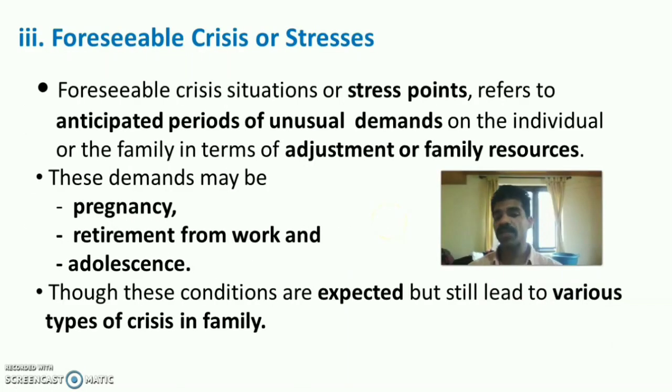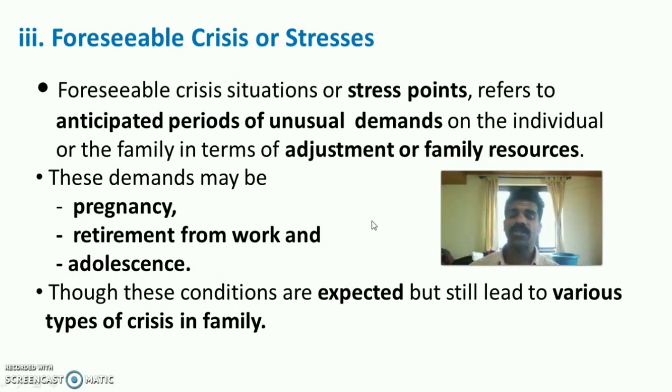The third type of health problems according to Ruth Freeman is foreseeable crisis points or stresses which occur in the family. Foreseeable crisis situations or stress points refer to the anticipated periods of unusual demands on the individual or the family members in terms of adjustment or family resources.